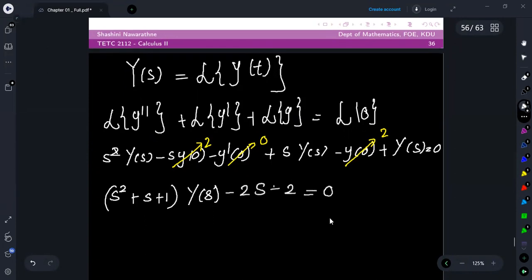So you will obtain an expression for capital Y of s as 2s plus 2 over s squared plus s plus 1.